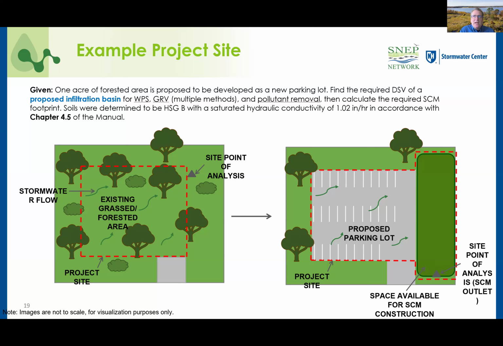We know the contributing area in acres. We know the hydrologic soil group, and then we need to know what type of stormwater control we're going to be using. This is taken from the New Hampshire manual, where this is spelled out, just because we've implemented it as guidance.